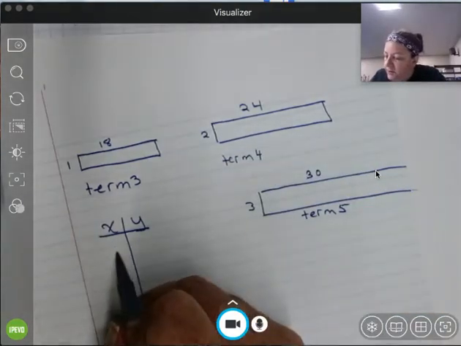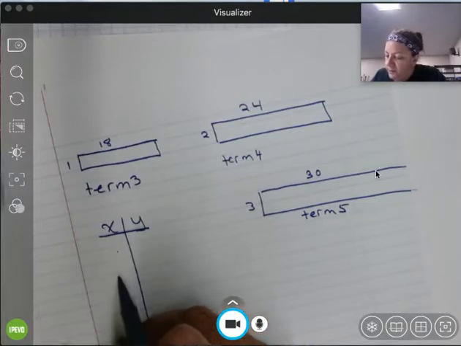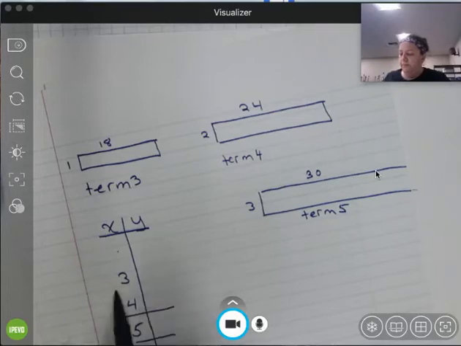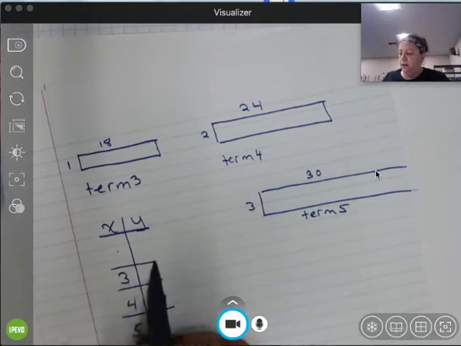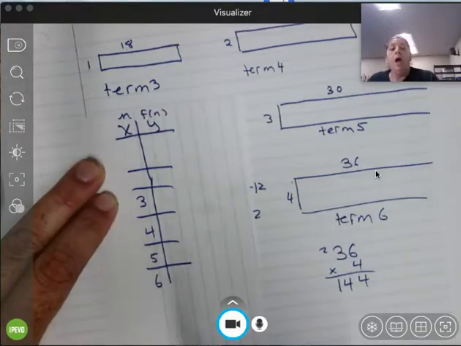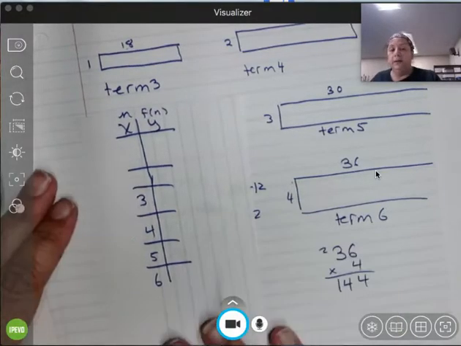I want to leave a little space here. So let's start with 3, 4, 5, and we'll leave room to see if we can figure out 6 also. And of course, you're pausing the video right now and doing this yourself, right? Okay, so you're back. Good.